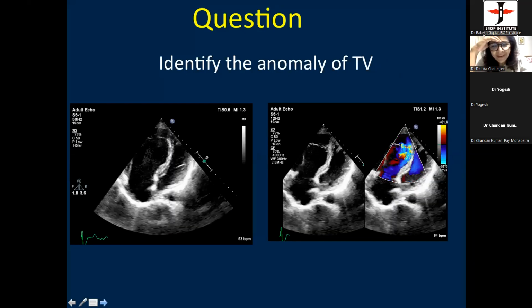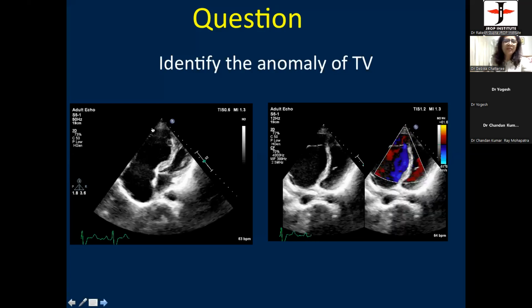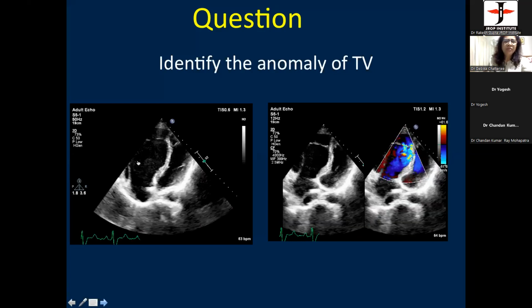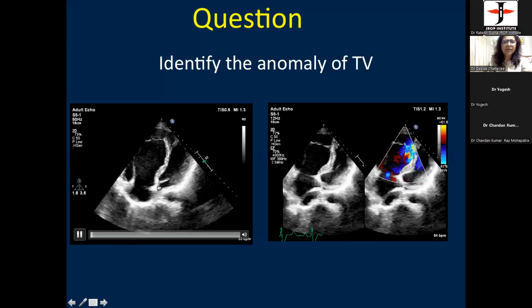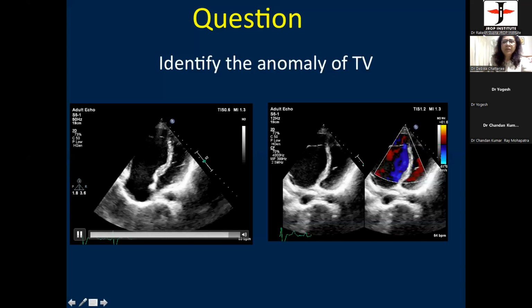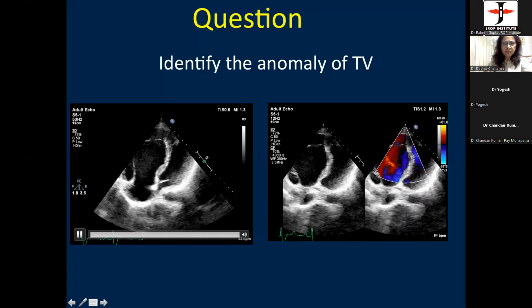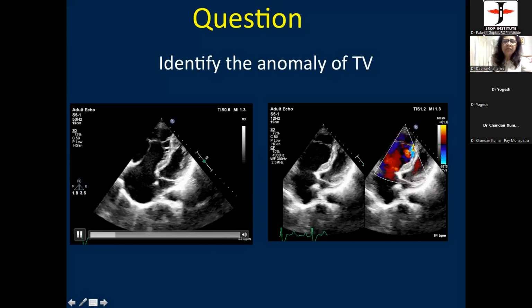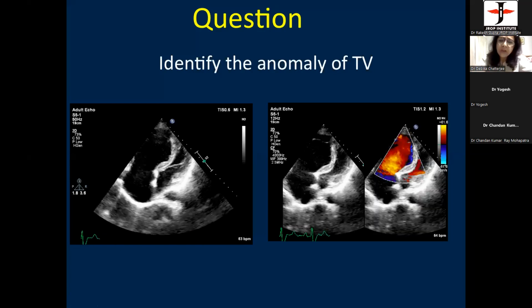Okay. Very classical sail-like structure. The anterior leaflet of the tricuspid valve is sail-like, and look at the septal leaflet. It's apically displaced. Ma'am, can you tell what is the exact distance for diagnosing Ebstein's? Like how high up the tricuspid valve should be?